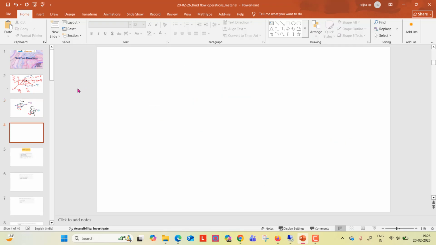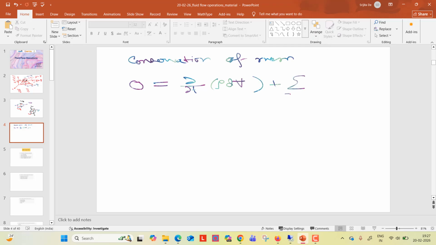So if you imagine, this is the same cubic control volume we are considering, and from conservation of mass, what have we got? From conservation of mass, we have seen in the earlier class that this is 0, and this is del T of rho dV plus summation of xyz rho v dA.